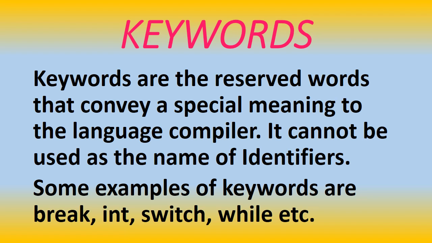So you cannot use these keywords as the name of identifiers. What are identifiers? We will see next, but first you should understand that these keywords are reserved for some special purpose and it cannot use for any other purpose.